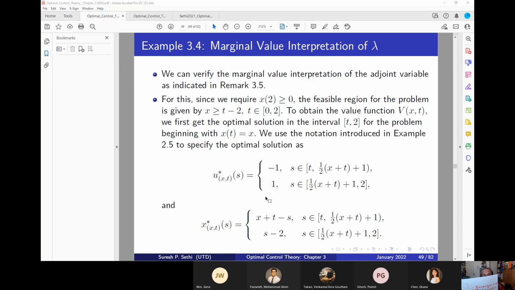So you can find S star equal to t plus x plus that divided by 2, which will give me this value right there. Is that clear? Any question here? No question. So that's what I did here.